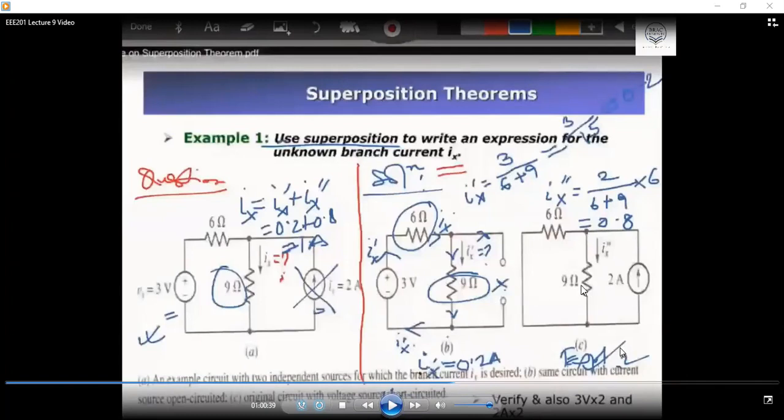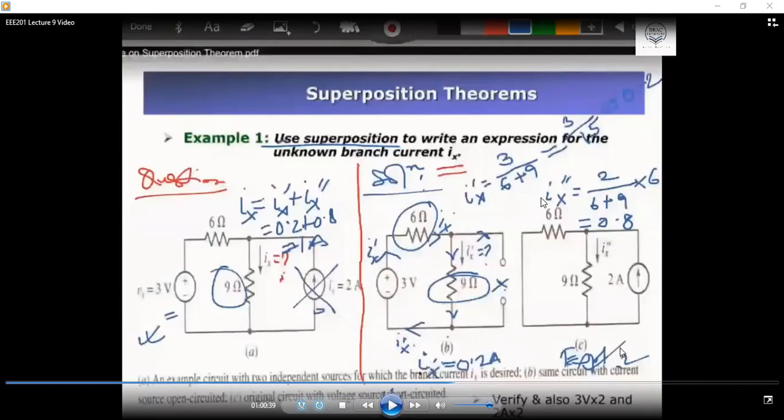Now you have to find the current through this part. That current will be the total current 2 divided by R1 plus R2, R1 is 9, R2 is 6, into the opposite resistance. What is the opposite resistance, 9 or 6 for Ix double prime? 6 ohm. You multiply by 6, and that is the current.